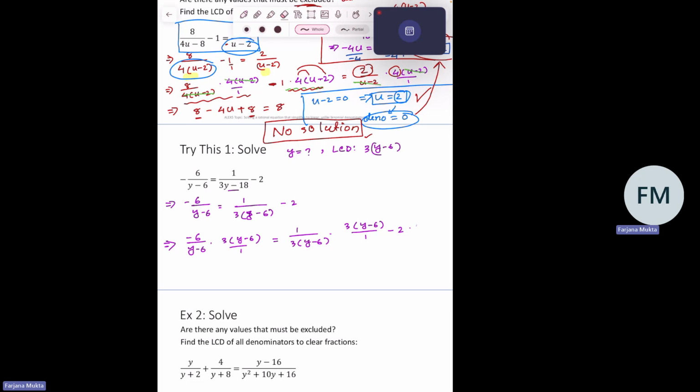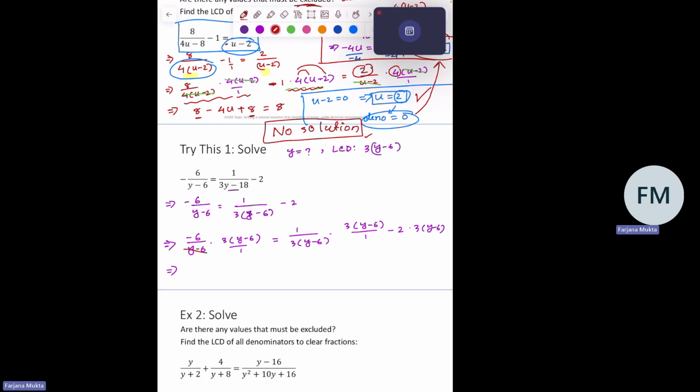What happens then if I multiply by the LCD? Again, our goal is to clear up the fractions, and that should work. If that doesn't work, that means we are doing something wrong.